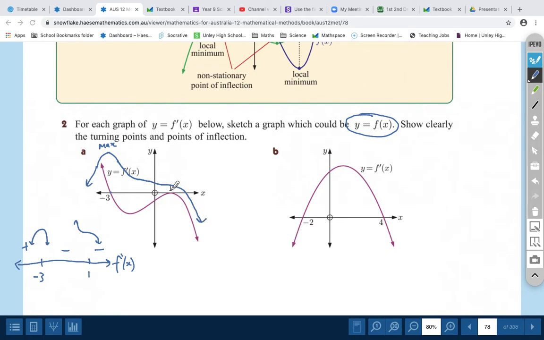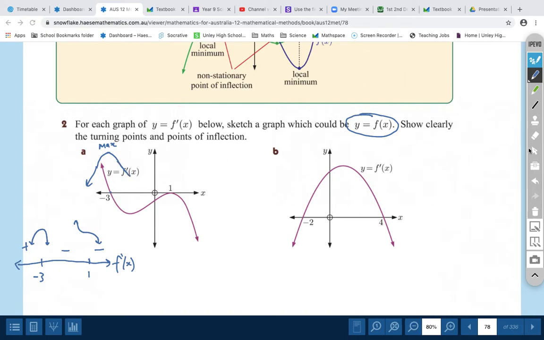It's not the best. I'm trying to show a stationary point there. Maybe I should have made it lower down. As long as I can start getting the concave up shape happening.